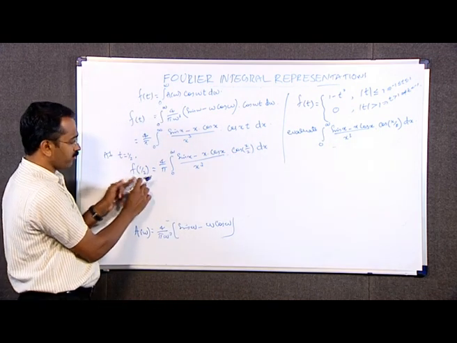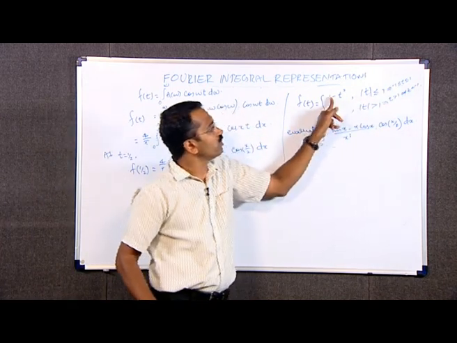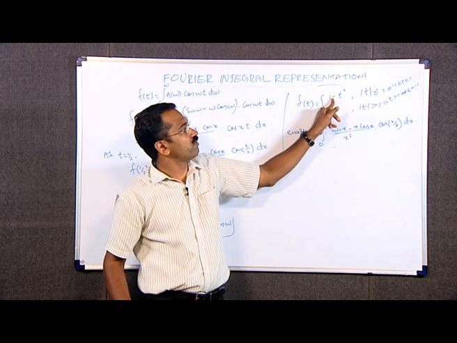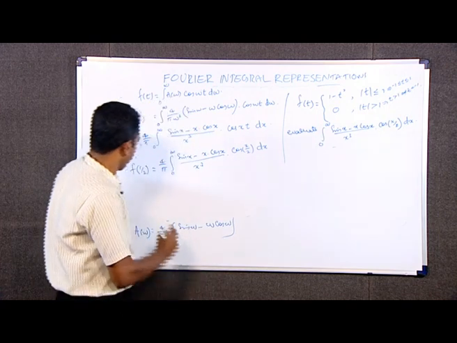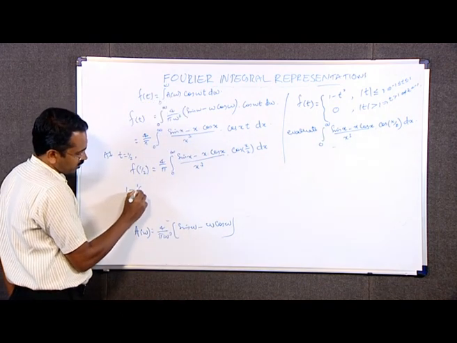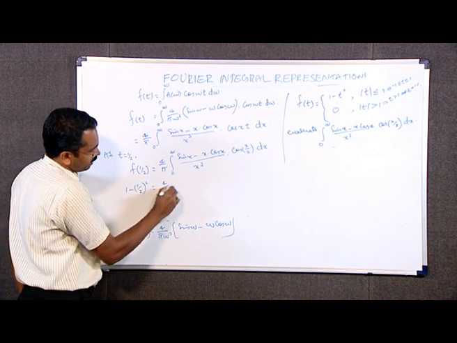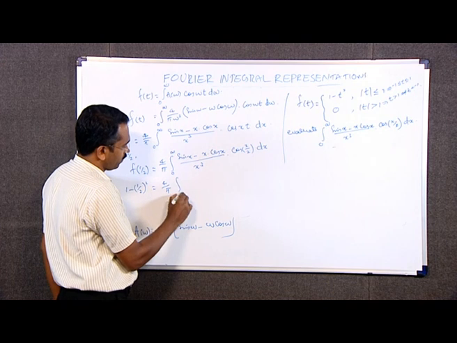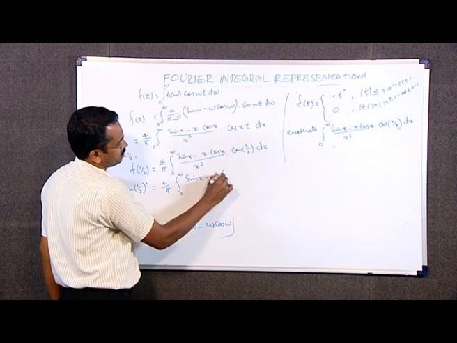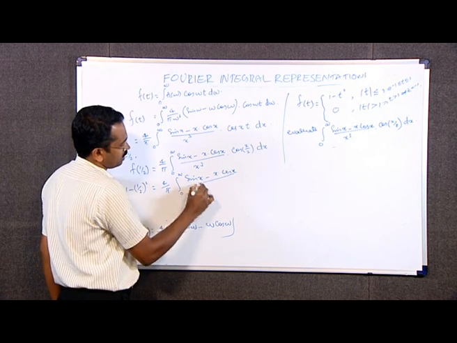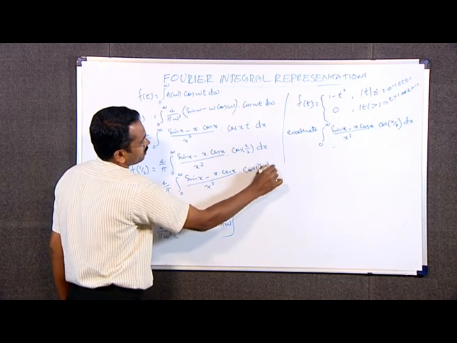That is, here f of 1 by 2 means 1 by 2 is in this interval. Therefore, the function is 1 minus t square, means 1 minus 1 by 2 the whole square, which is equal to 4 by pi into integral from 0 to infinity sin x minus x into cos x divided by x cube into cos x by 2 dx.